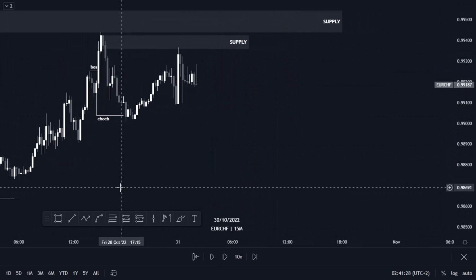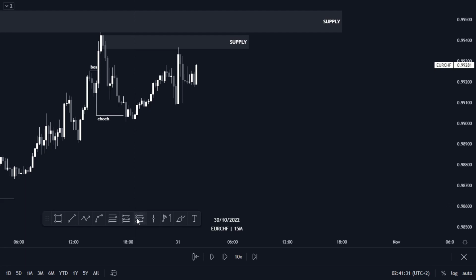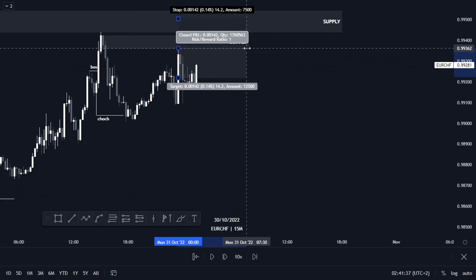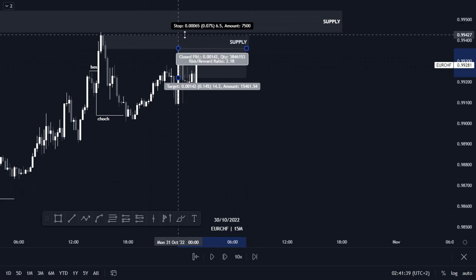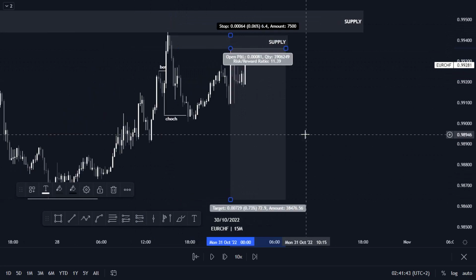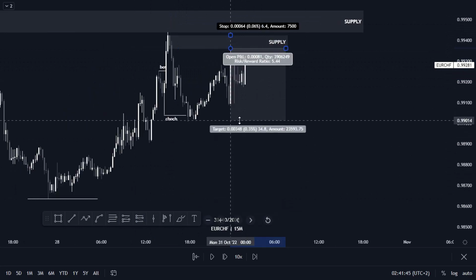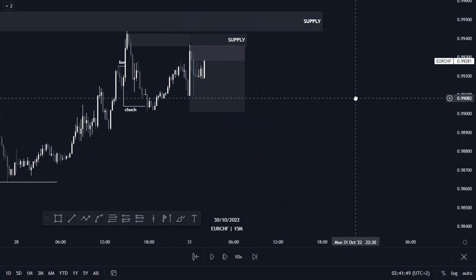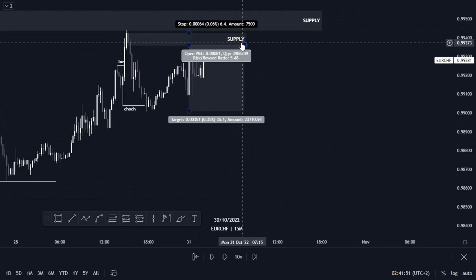Okay, so we can see that it taps into our supply area there, and our first target would be at this low here.